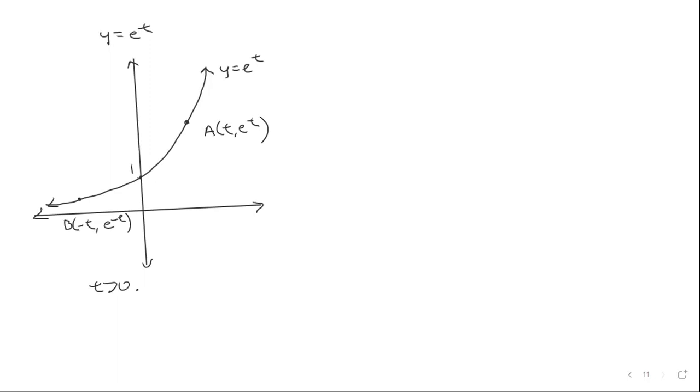The tangents at A and B form an angle of 45 degrees. So you basically have some tangent there and some tangent here. It doesn't really look like it in the way I've drawn it, but this is theta, and we're told that's 45 degrees. So prove that e to the t minus 1 over e to the t equals 2, and solve this equation to show that e to the t equals 1 plus root 2.